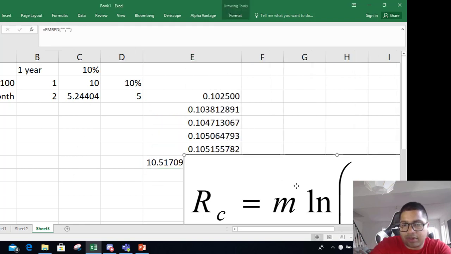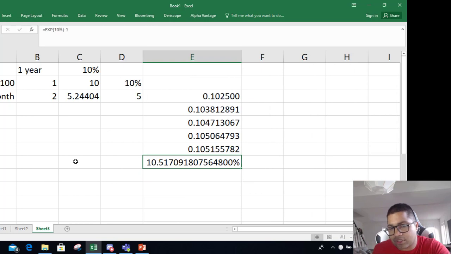So it is 10.517%. So continuous compounding is the theoretical limit that you place on how much maximum payment could be.